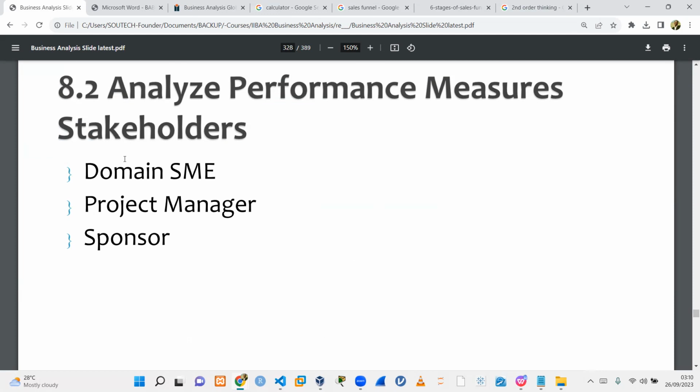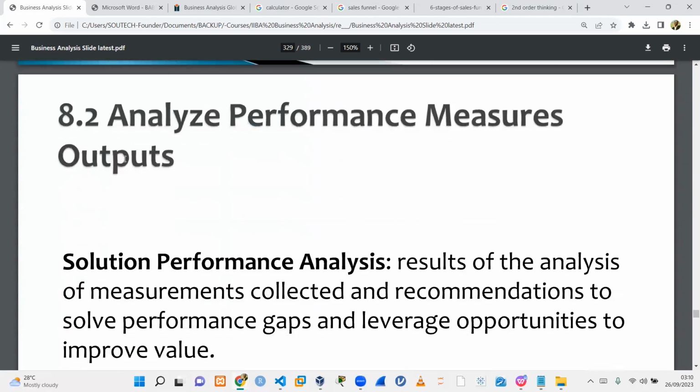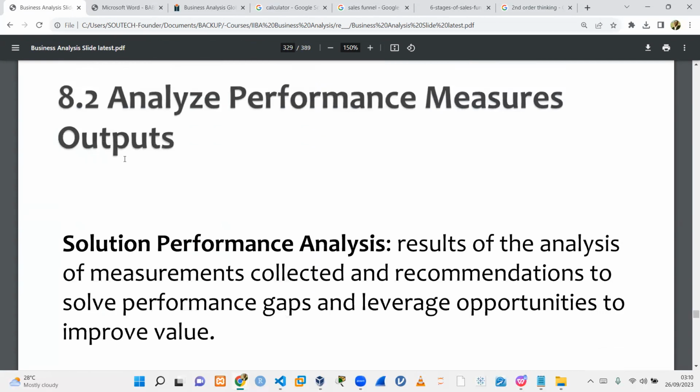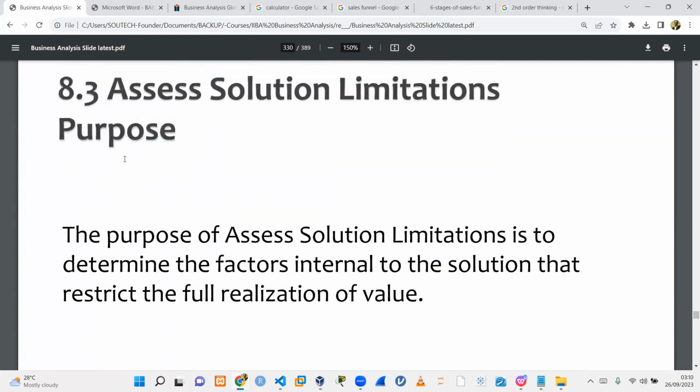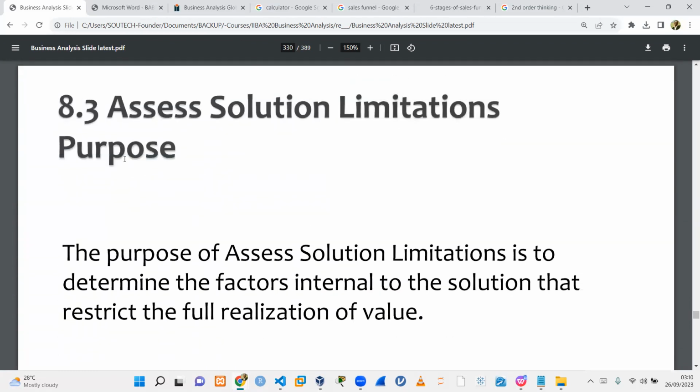They can easily juxtapose, extrapolate, and do some deeper thinking to get out what might be the import, what might be the advantage or otherwise of the particular decisions they are making right now. And at the end of the day, your output is going to be your solution performance analysis. So you're always going to see that we have some inputs, we have some ways we can do them, and then we also have the output.